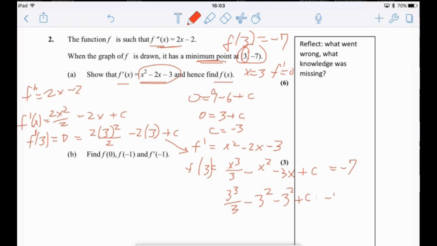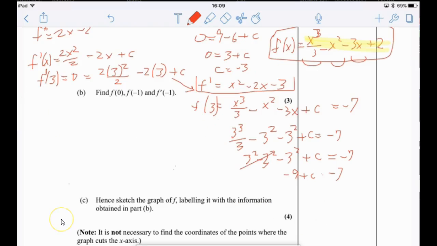negative 7. And we know that these, so that would be 3 squared divided by 3 is also 3 squared. So we have 3 squared minus 3 squared minus 3 squared. These cancel out, so we have minus 3 squared plus c equals negative 7. Negative 9 plus c equals negative 7.